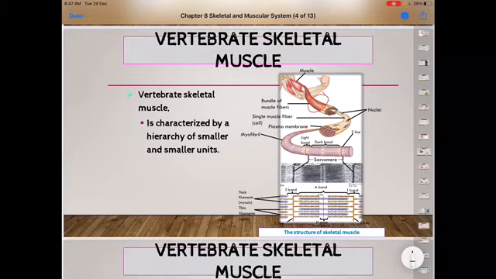So this muscle fiber actually consists of many single muscle fibers, having multiple nuclei. Each single muscle fiber has multiple nuclei.